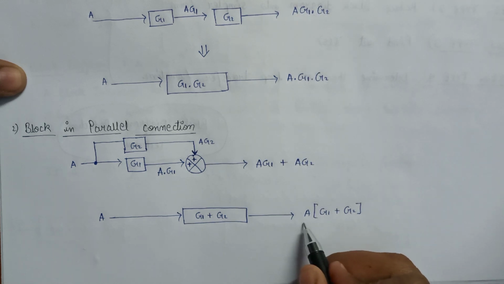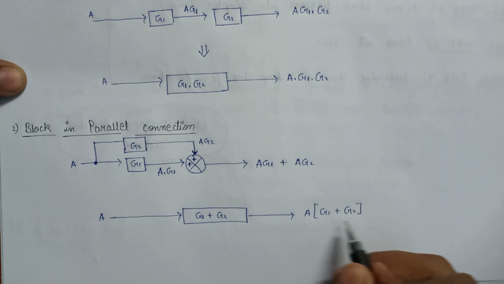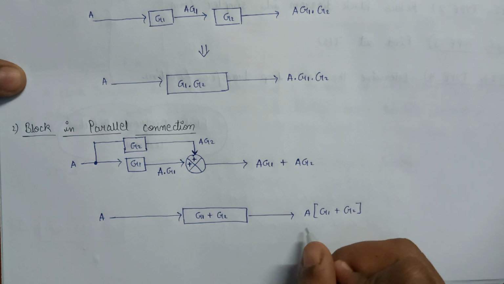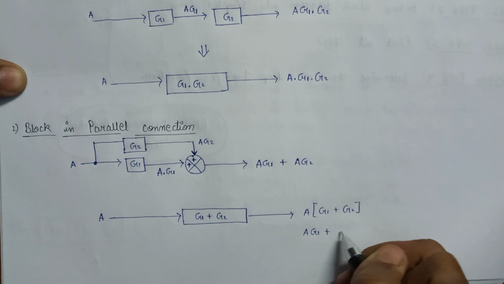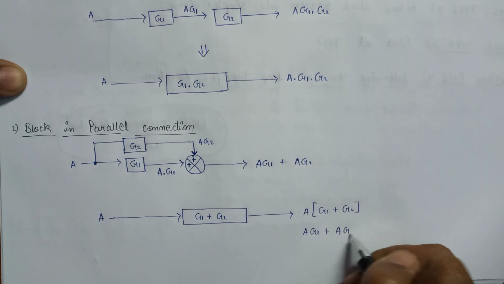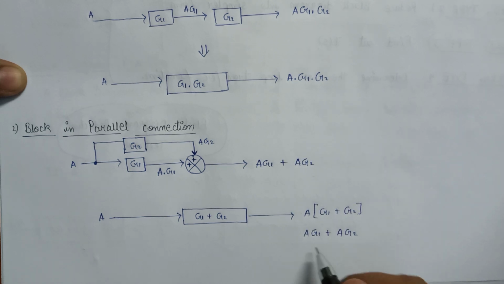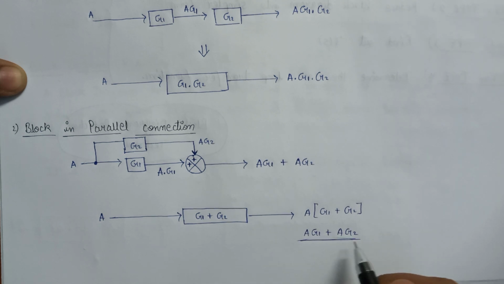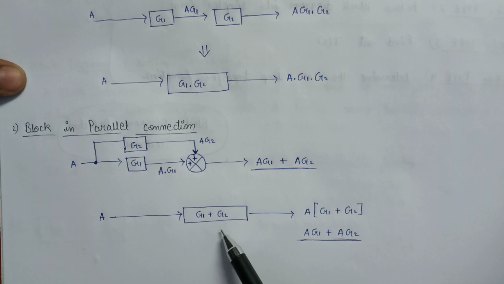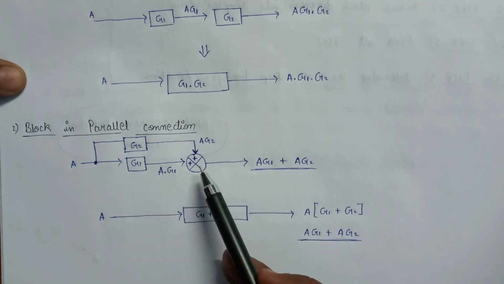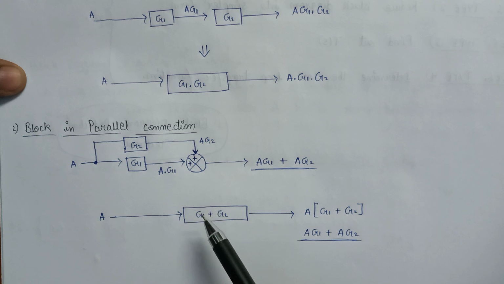Now this A multiplied with G1 plus G2 can also be written as AG1 plus AG2, that will be equal to this term. So we can say that it is a perfect equivalent circuit of these two blocks that are connected in parallel combination.